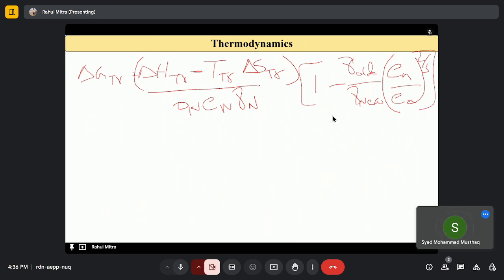After taking things in common, this should be equal to 0, because we know the delta G transition for G new and G old are both equal, so it should turn out to be 0.